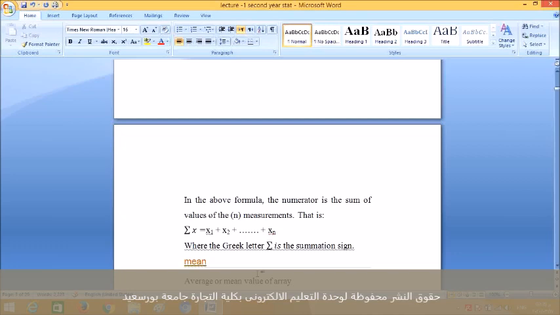Now, when using the MATLAB program to compute the mean of the sample or of the population, we have to use the function mean. The function mean gives us the arithmetic mean of the sample or the population.